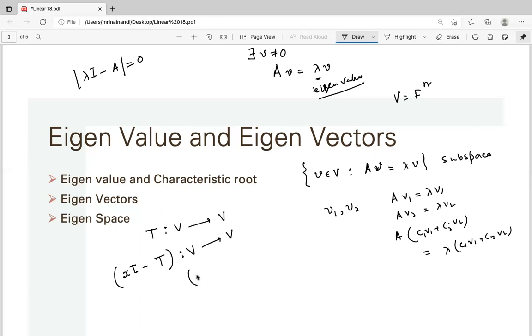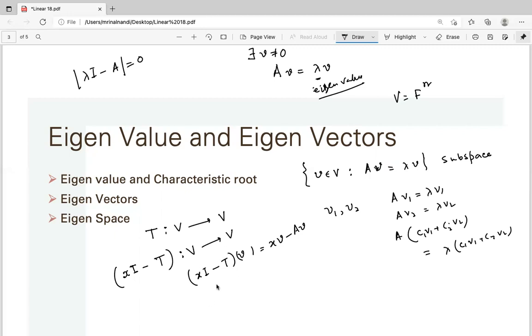How do you define this transformation? We define the transformation as xI minus A, where I is not the identity matrix. I is just the identity linear transformation, the identity operator.